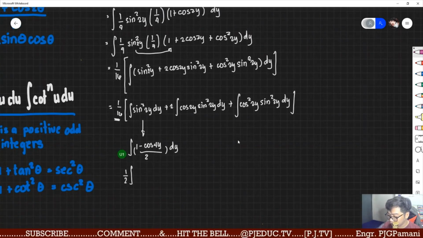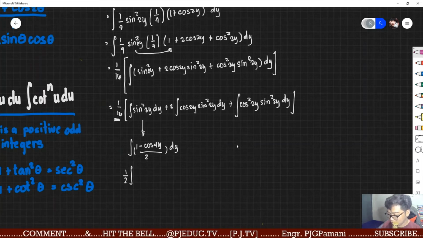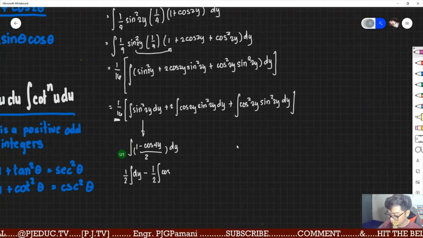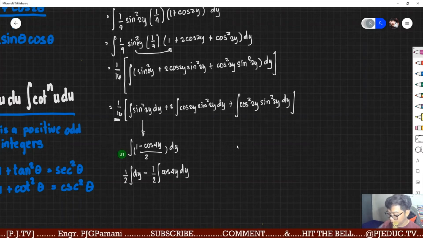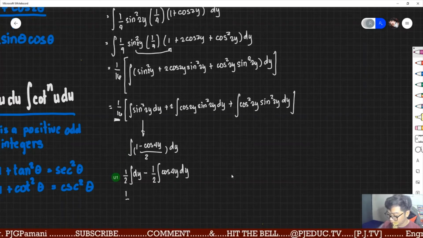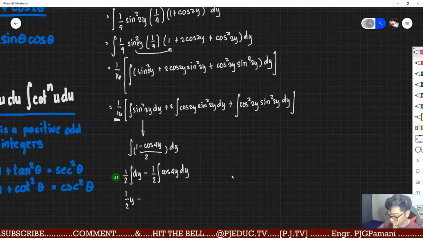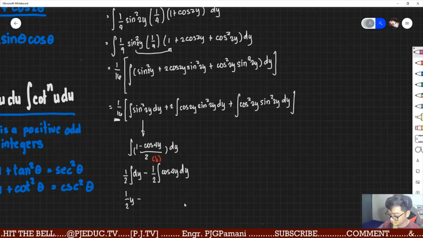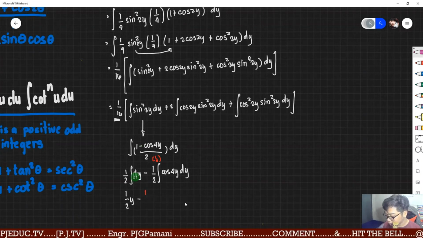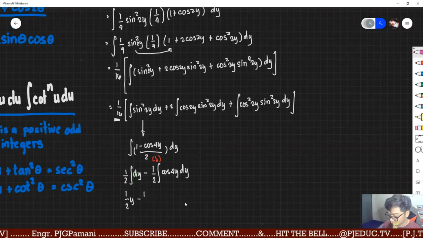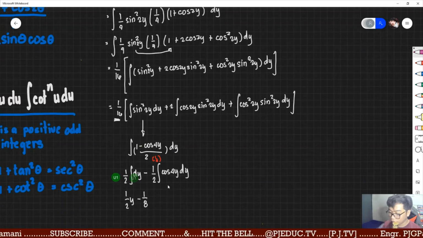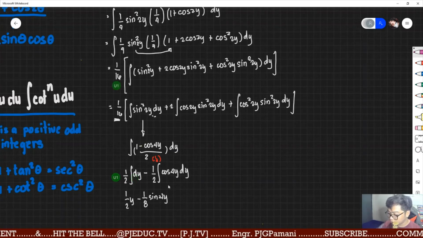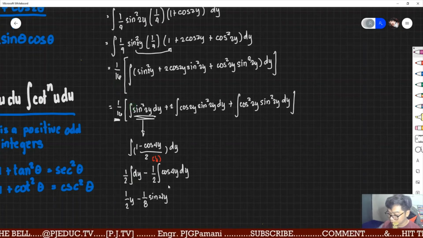Huwag niyong kakalimutan si 1/16. 1/2 of dy minus 1/2 of cosine 4y dy. That is now 1/2 y minus correcting factor, that is 1/4. So 1/2 times 1/4 is 1/8. Integral of cosine is simply positive sine 4y. So tapos na tayo dito sa first term. Iwan nyo lang yan dyan.